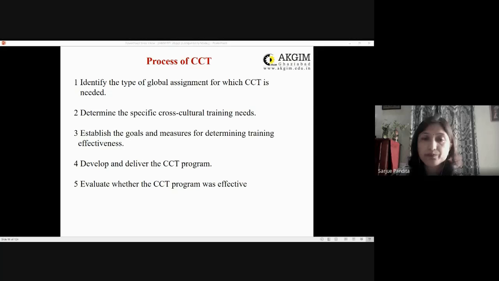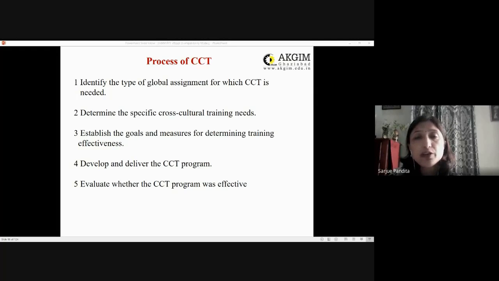So then you need to find out whether it is successful or not. It will happen after you have delivered the CCT. So it should be evaluated against the stated goals. You have already had goals for formulating the CCT.